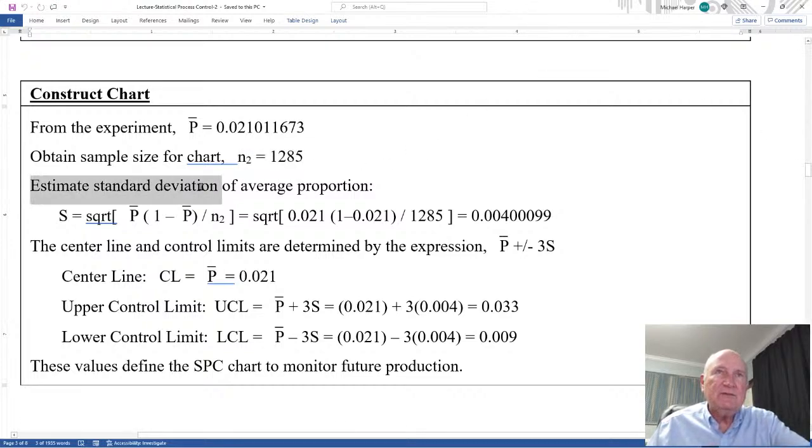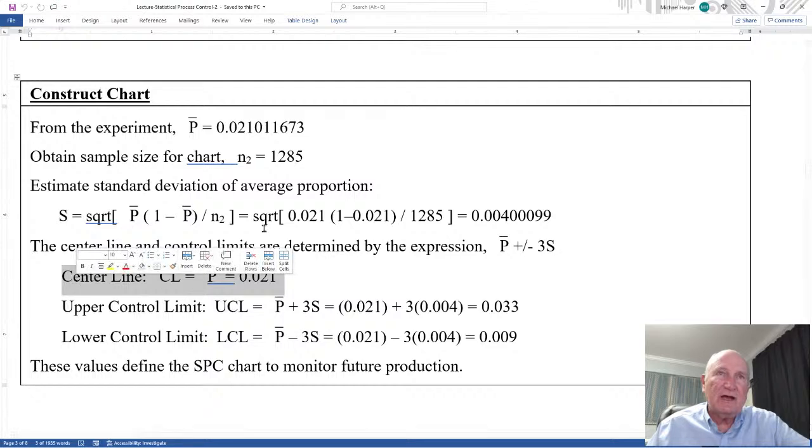Now we want to estimate the standard deviation of the average proportion. Well, first of all, since this is a p-chart and we have p bar, this will be the center line of the p-chart. And down here you can see the center line will be just p bar, and I rounded it to 0.021.